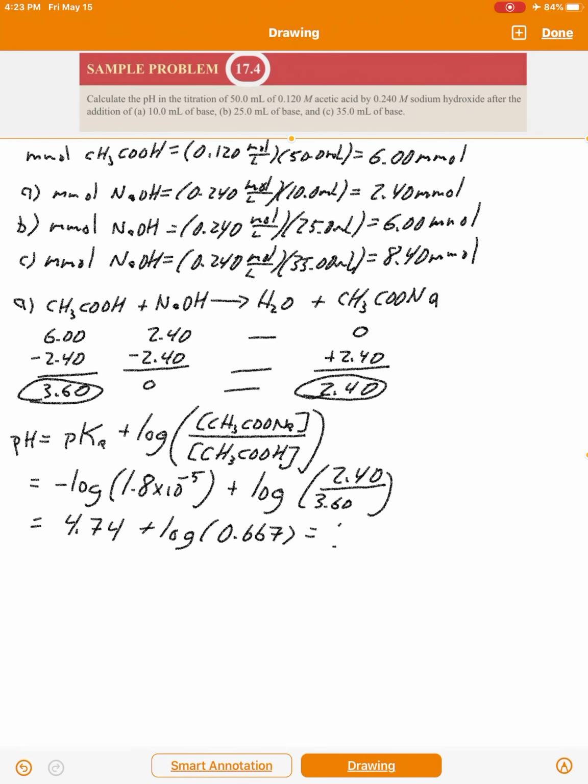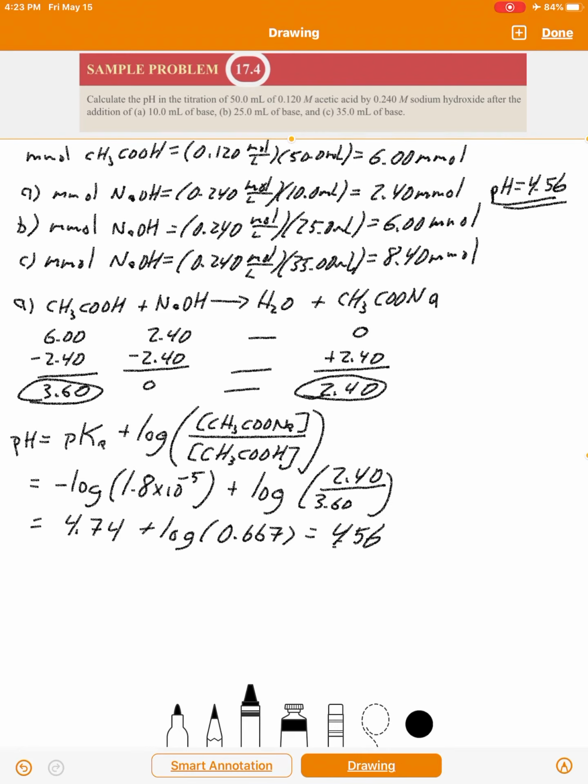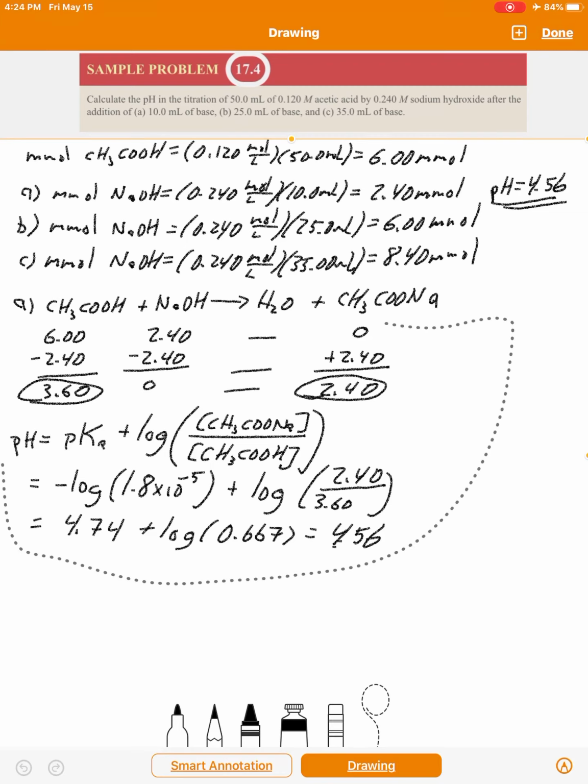Part A is done, 4.56. So I'm going to go ahead and write over here, pH equals 4.56. Okay, so that's one type of problem where you have excess acid, right? In part B, we're not going to have excess acid anymore.